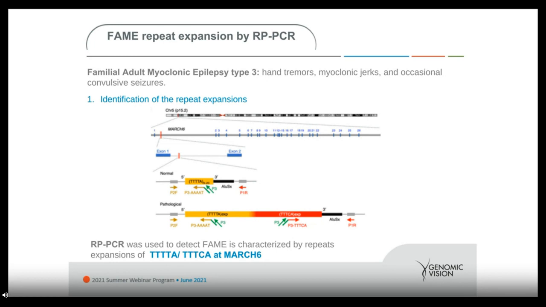But in the pathological condition, this expansion is extended even more. By the nature of this extension, due to the fact that it is repeated sequences, the sequencing technology was not giving a precise outcome. By RT-PCR, the scientists saw that the repeat expansion is composed of TTTTA or TTTCA in the MARCH6 region.